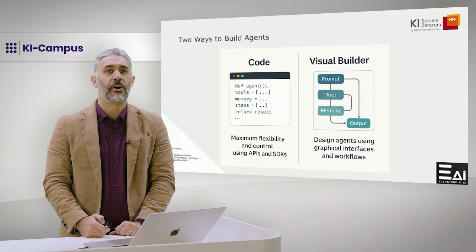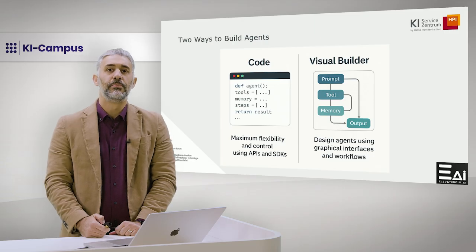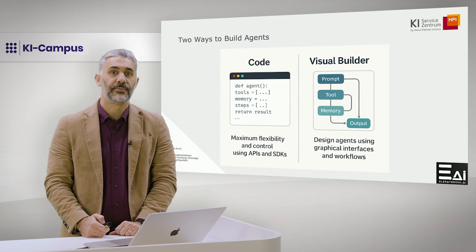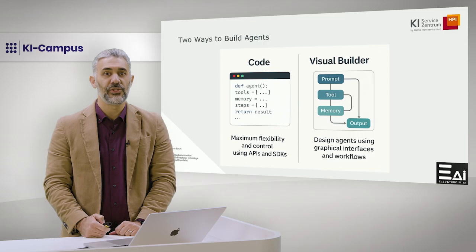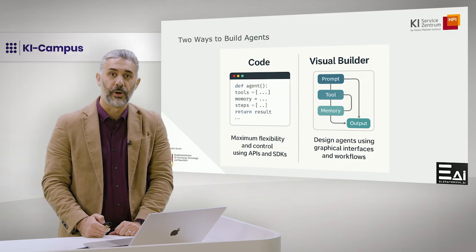Both approaches are valid, and in practice, they are often complementing each other. A team might prototype an agent visually, then move to code for advanced logic, or maintain both paths for different use cases. In this video, we'll focus specifically on the visual approach and look at some example platforms that support it.